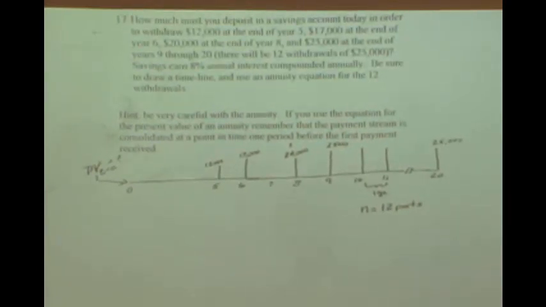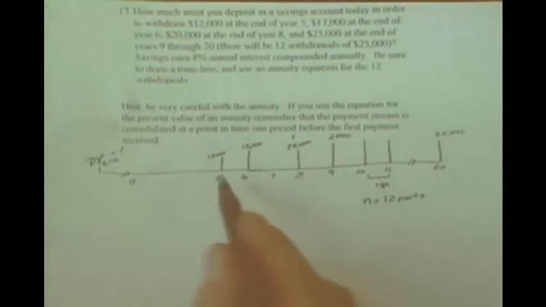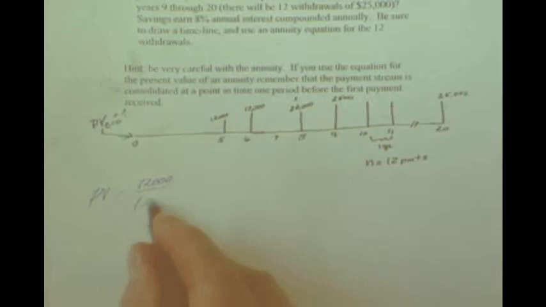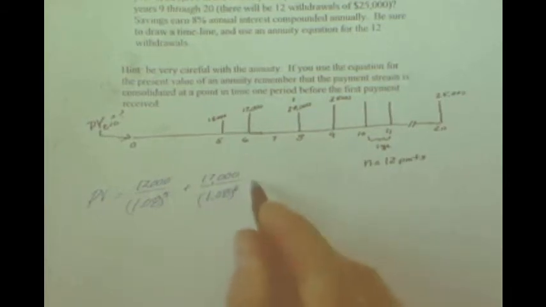Okay, so the strategy, of course, is let's bring everything back to time zero. And we're going to begin doing that with these lump sum amounts, and we'll just use our building block equation. That first 12,000, we'll bring it back 5 periods. 17,000 at year 6, we'll bring it back 6 periods.